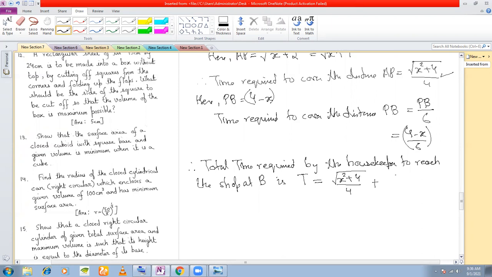And the time that he is spending in walking is 4 minus x divided by 6. Now this is the function you need to minimize. He needs to minimize his total time, so we need to minimize T. Now how to minimize? I'll show you in the next class. Okay, so I'll stop here.